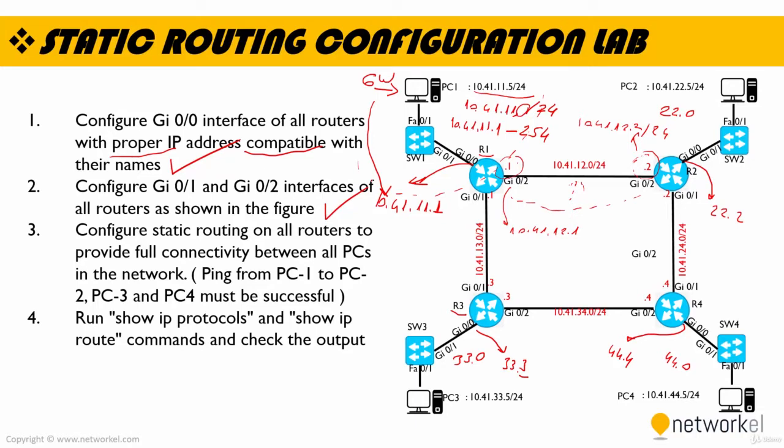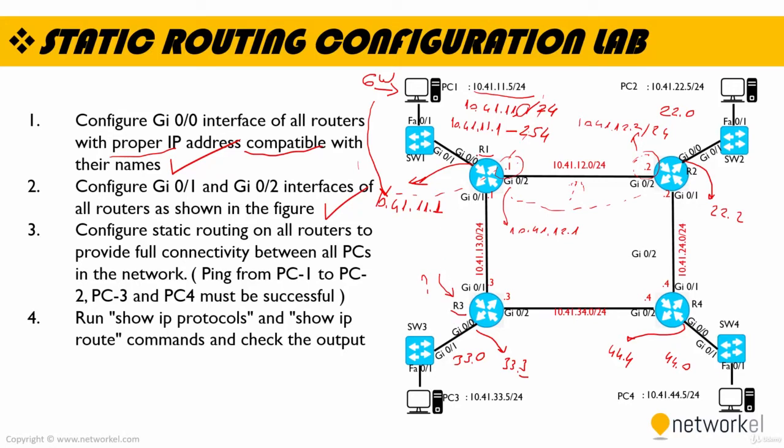To configure a static route, for example, let's say that I'm going to configure a static route for router 3. But which networks should I teach to router 3? And where am I going to send the packet? I have two questions.